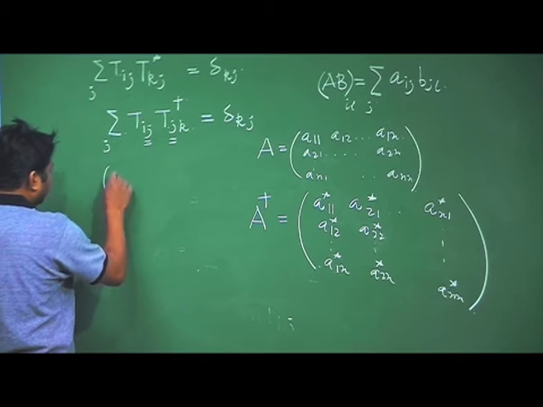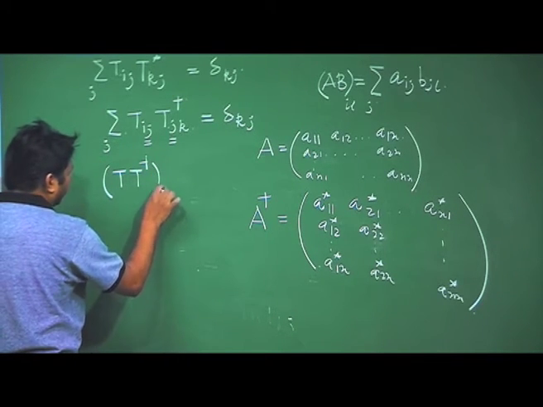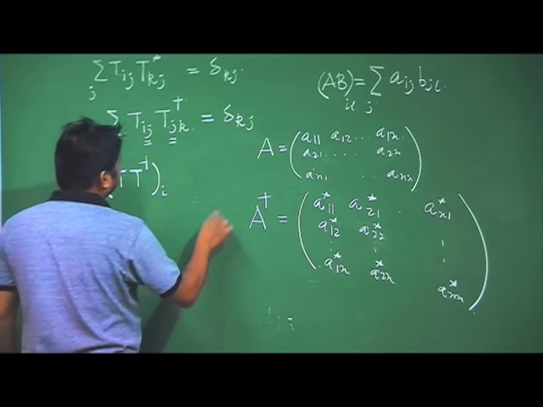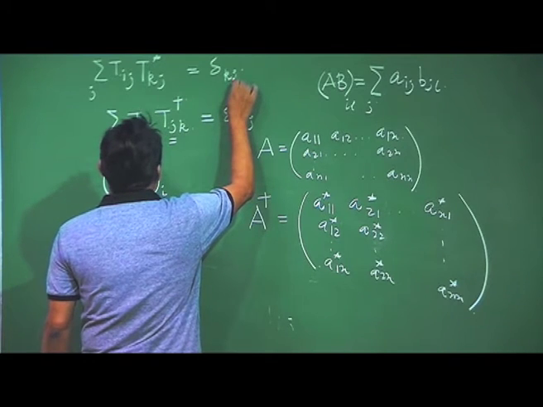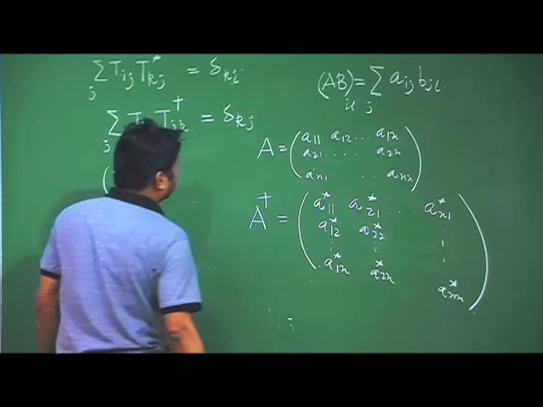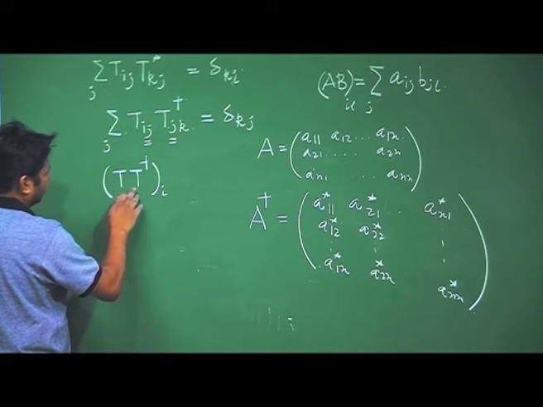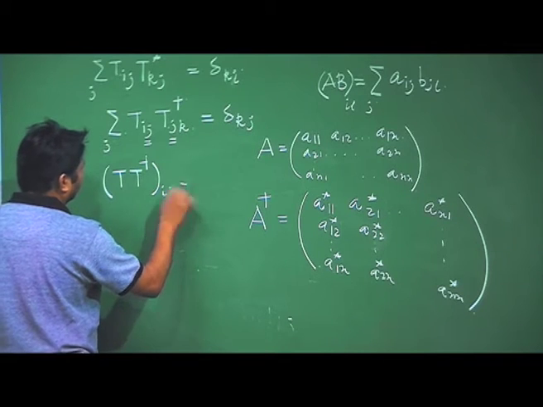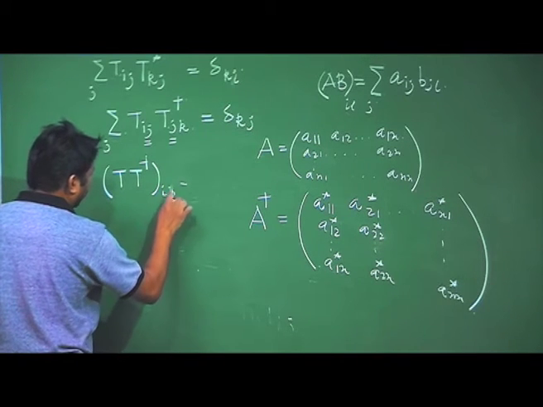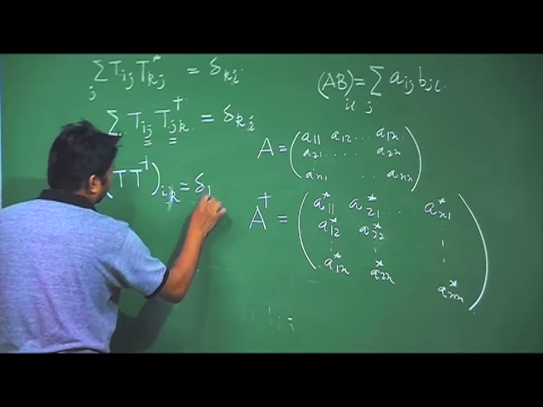So I can write this as T dagger, not kj, it will be the ki component. So T T dagger ik is delta ki.